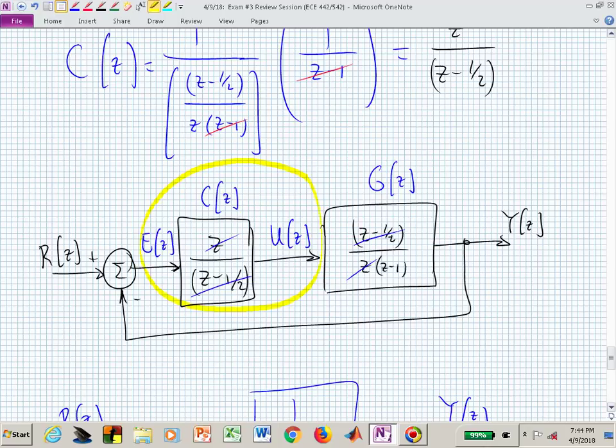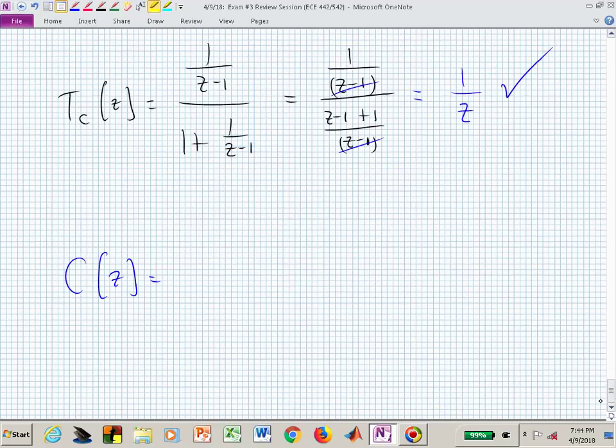It's the transfer function between the error and the input to the plant. So the output of your controller is the input to the plant, and the input to the controller is the error signal. And that we derived was z over z minus 1/2.